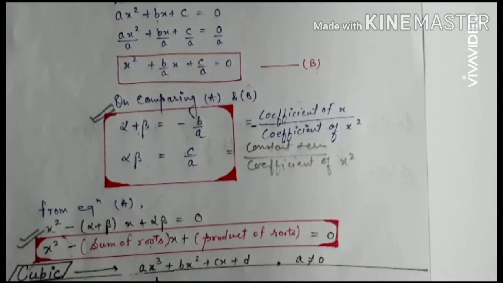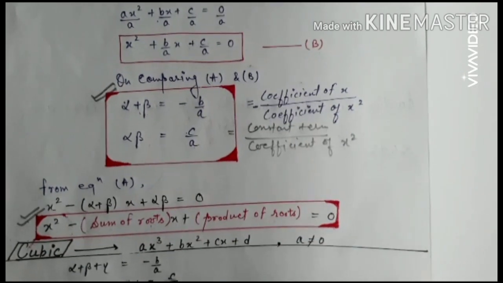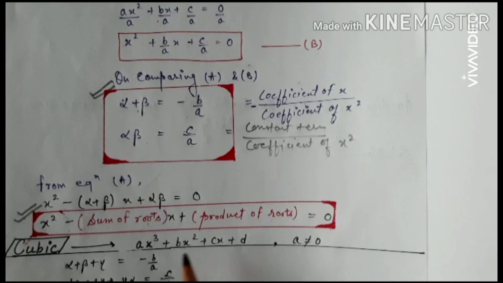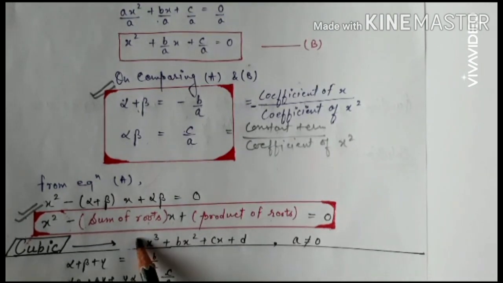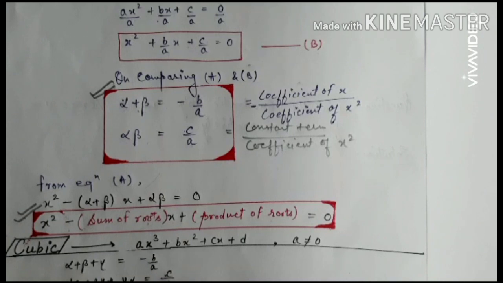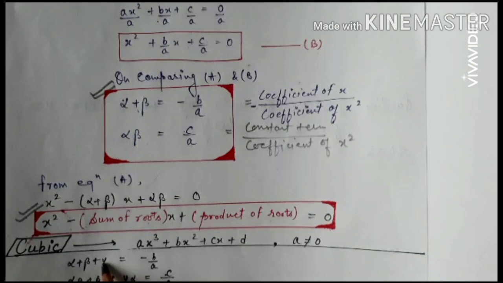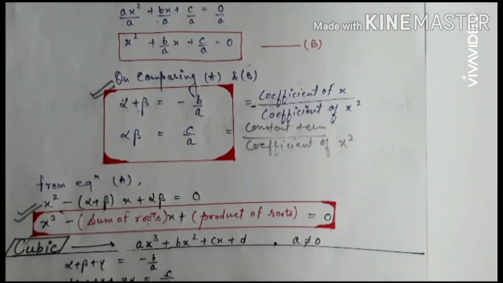Now we come to the cubic equation. What is the cubic standard form? It is ax cube plus bx square plus cx plus d, where a cannot be 0. Sum of roots will be alpha plus beta plus gamma. Why have we chosen 3 roots? Because the highest power, the degree of the polynomial for the cubic equation, is 3, so there will be 3 roots: alpha, beta, gamma.